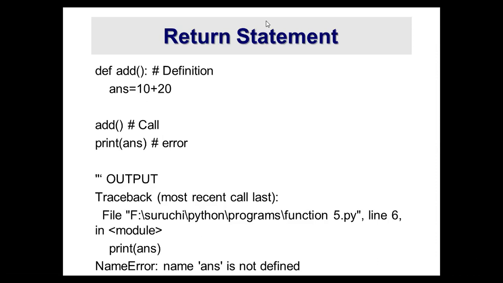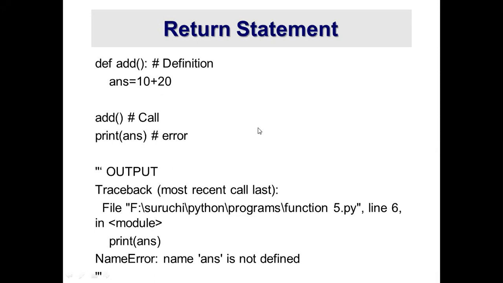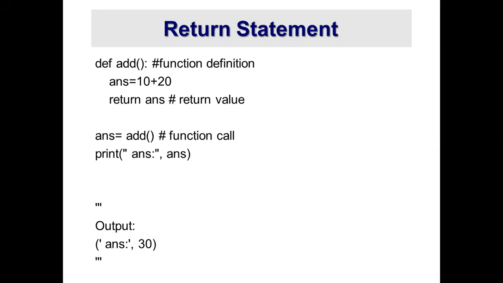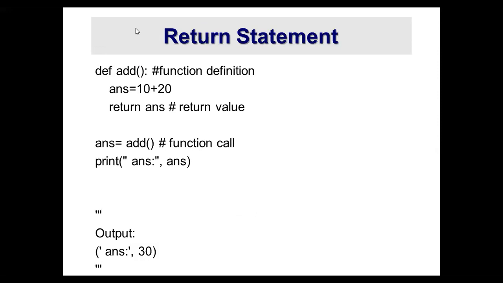To avoid such things, we need to have a return statement in functions. These return statements allow you to return a value from a given function. So let us see how it works. This function add will save 30 to answer and here it will return answer.